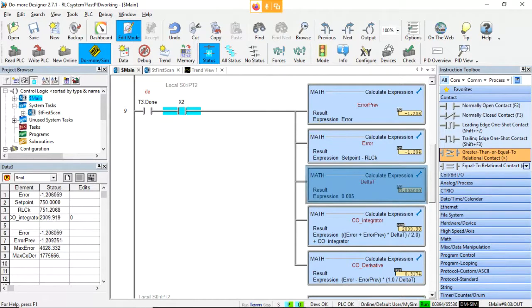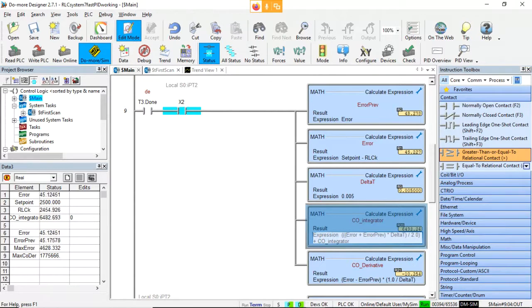I'm using a math block or a compute block, but I'm basically just doing a move because I'm not actually scaling it or anything. And then I'm calculating the integrator error. So that's error plus error previous times delta t divided by 2.